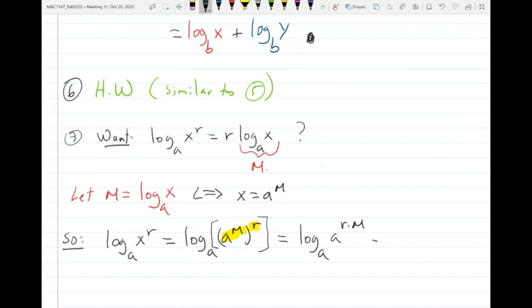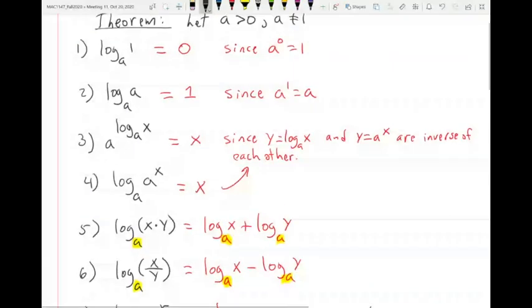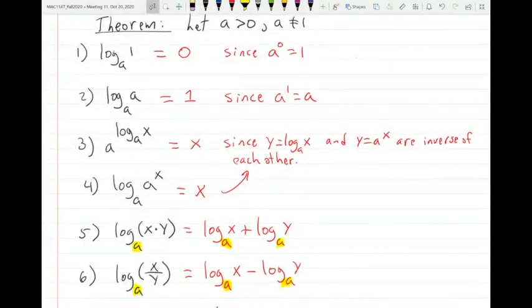And now what is this equal to? We have log base a of a to the r times m. If you look at one of our basic properties, what does property number 4 say? Remember, the log is the inverse of the exponential, so they undo each other. Number 4 says that when you have log base a of a to some power, that's just that power.